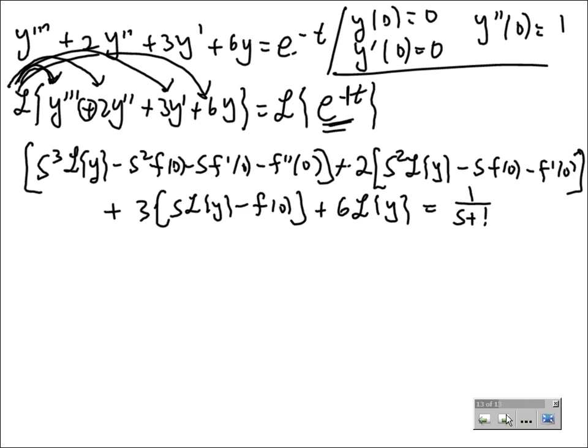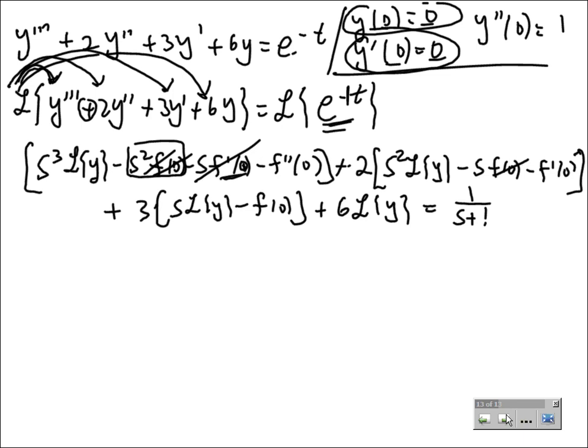Now, y of 0 is 0, and y prime of 0 is 0. Or f of 0 is 0, and f prime of 0 is 0. So this is 0, which means this whole term is 0. And f prime of 0 is 0, so that whole term is 0.